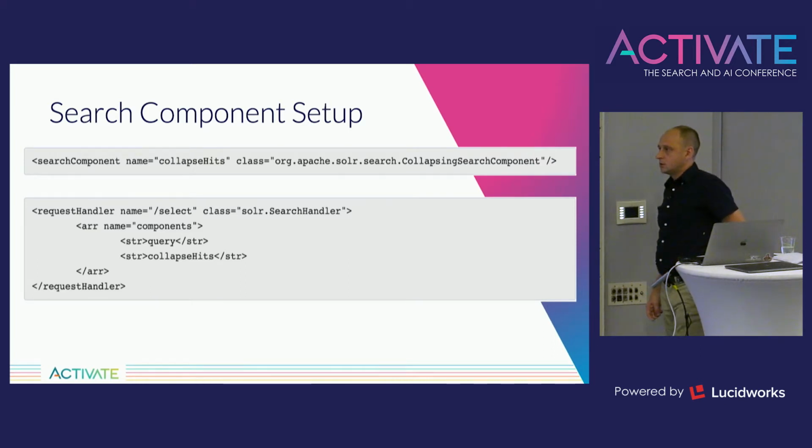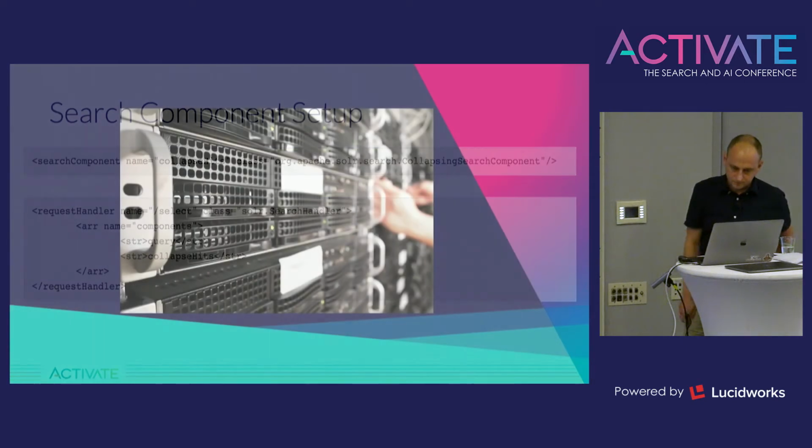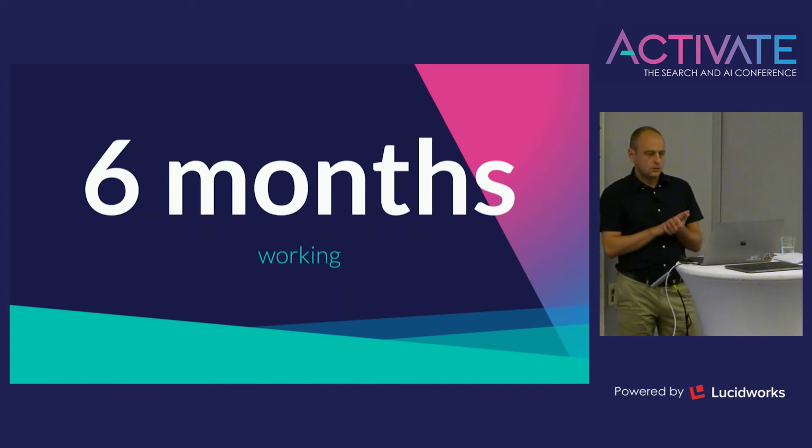And we have to add in our Solr config our search component definition and add it to the list of components that are executed for the request handler. We ran this change on production, and it was successfully working for 6 months.